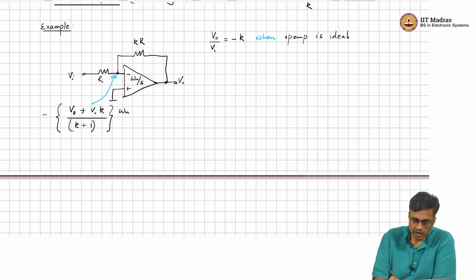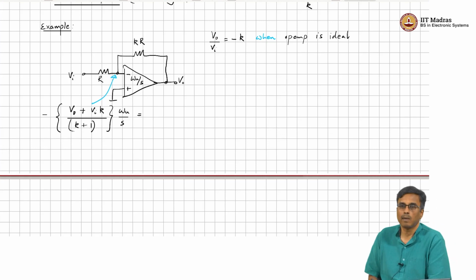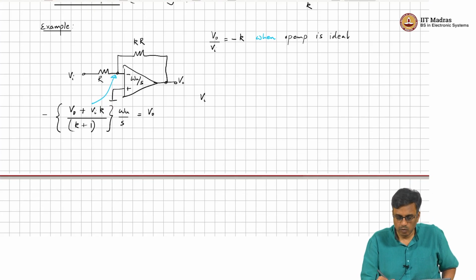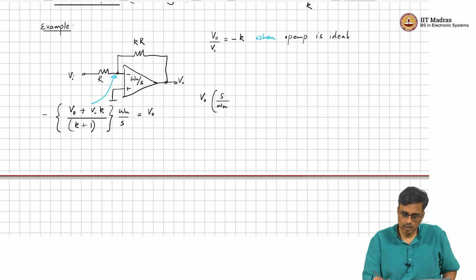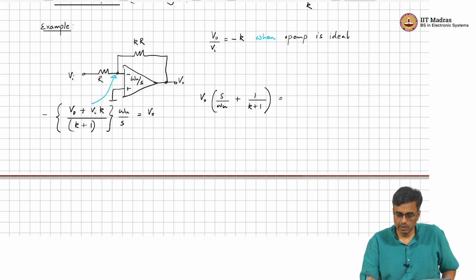So, this multiplied by minus omega u over s must be equal to V naught. So, V naught times (s over omega u plus 1 over k plus 1) must be equal to minus Vi times k over k plus 1.